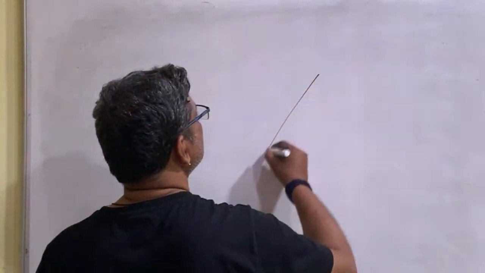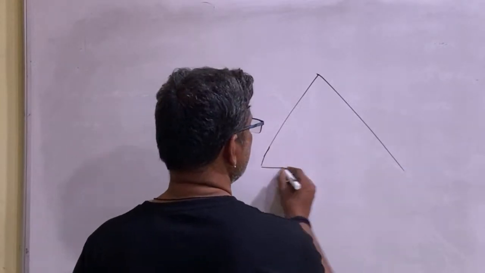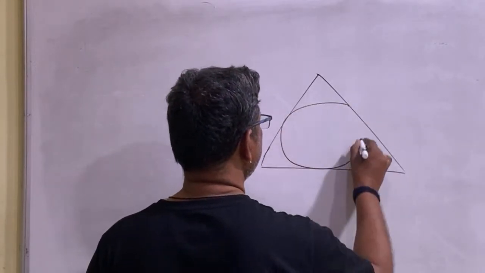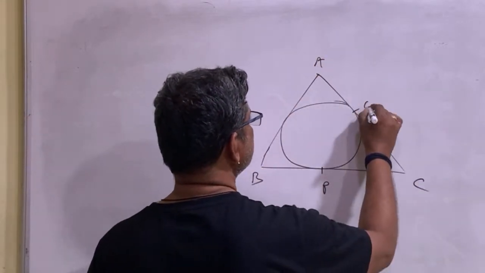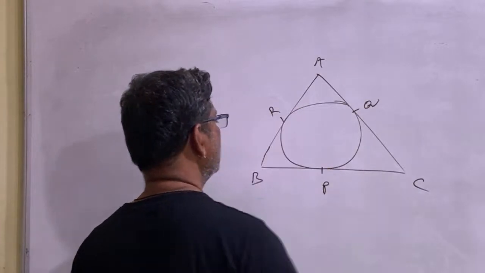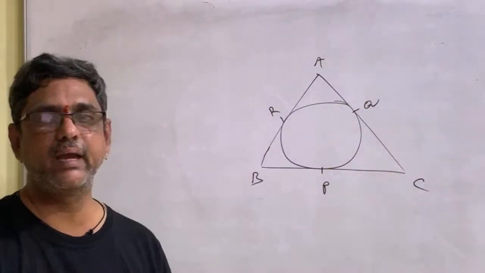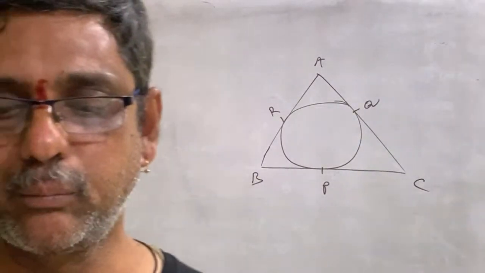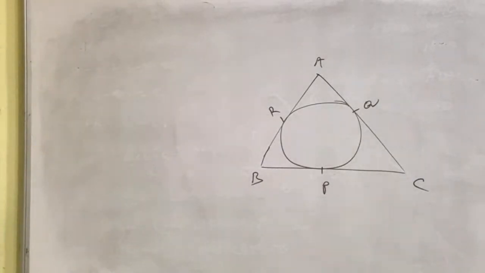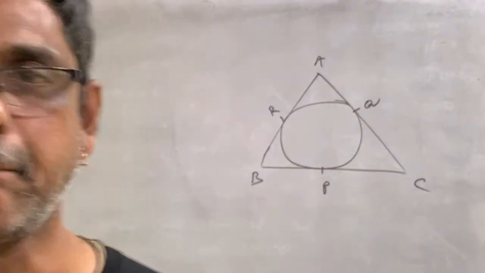In the given figure, ABC is an isosceles triangle, circumscribes a circle, and BC is a tangent at P, AC is a tangent at Q, AB is tangent at R. We need to prove that P bisects BC.